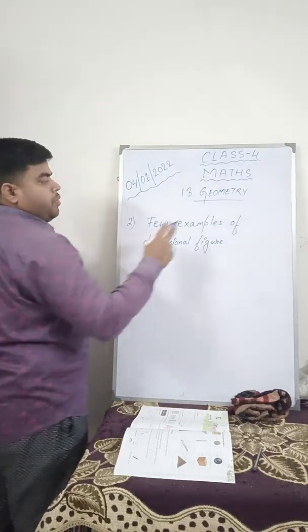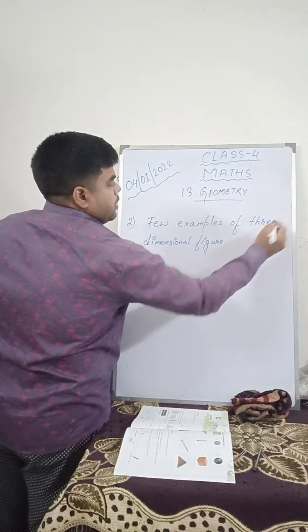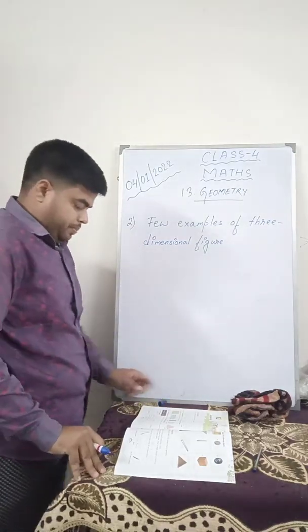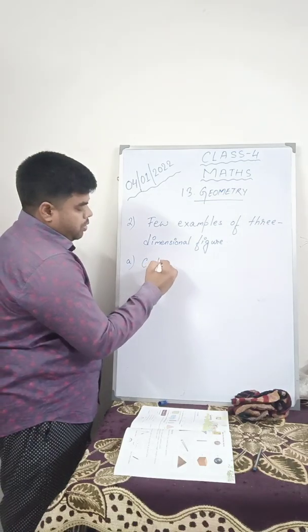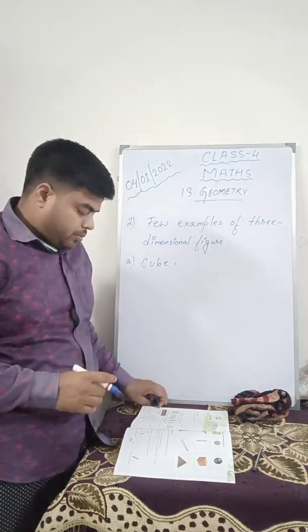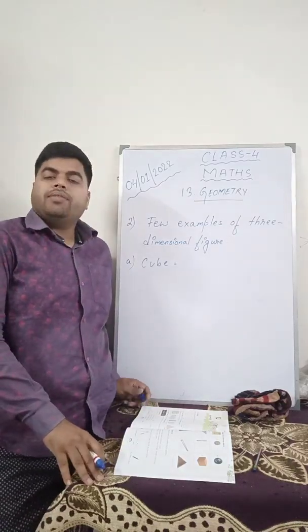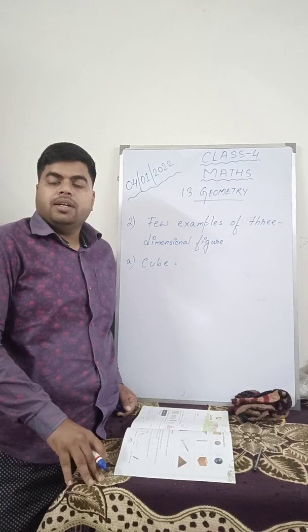Number 2, few examples of three-dimensional figure. Number A is cube, in this you will have faces, vertex and edges.